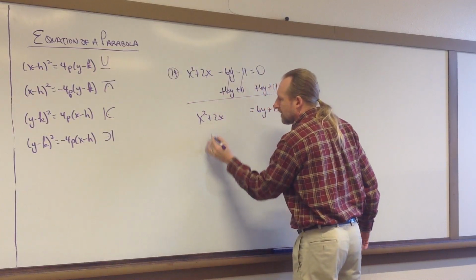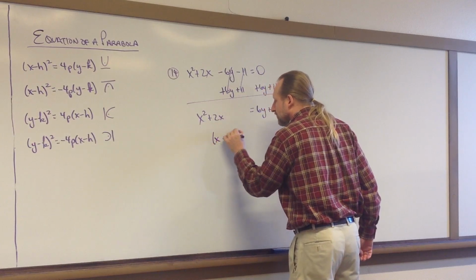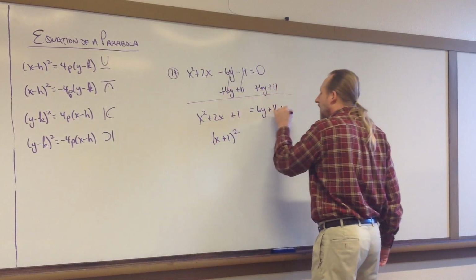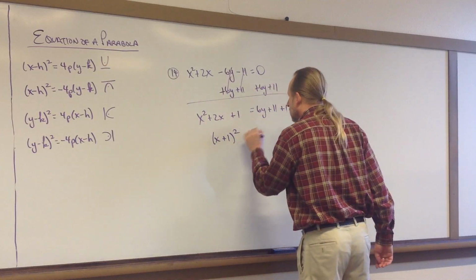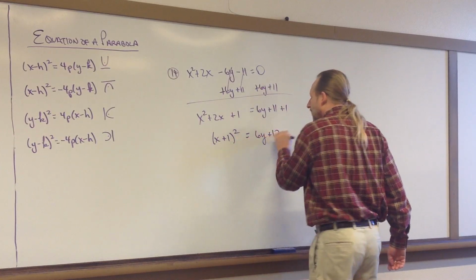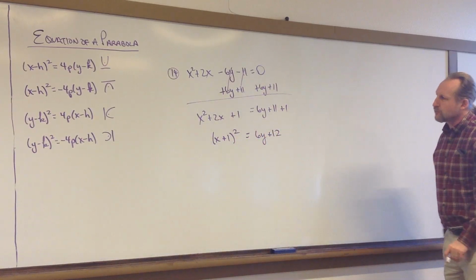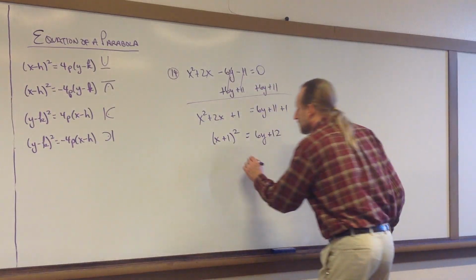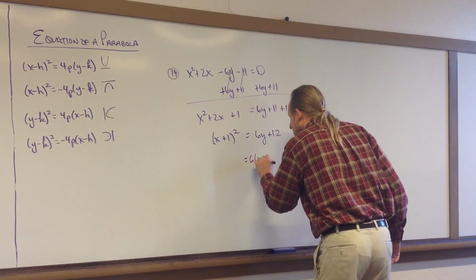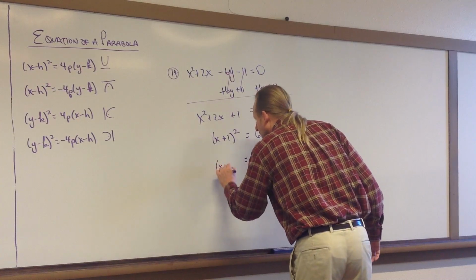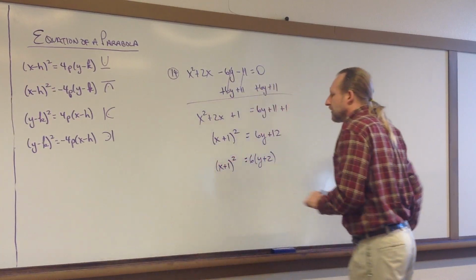Cut that b value in half, x plus 1 squared, then add on the 1 to complete the square. And there we go: x plus 1 all squared equals 6y plus 12. And then the last thing we're going to do, factor out that 6. And that'll help us to see the value for the vertex.